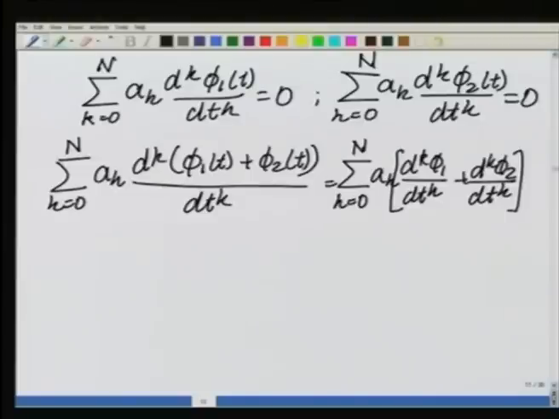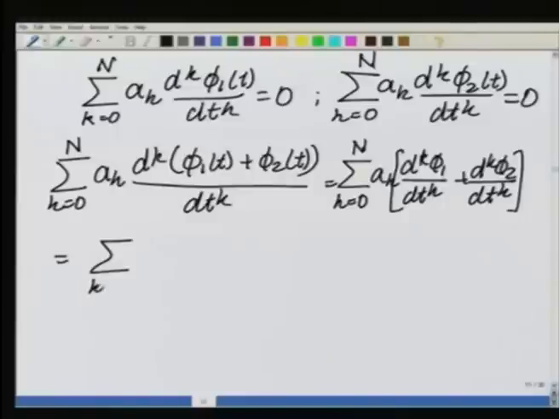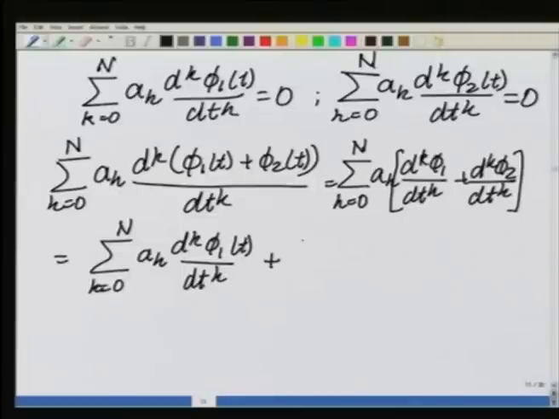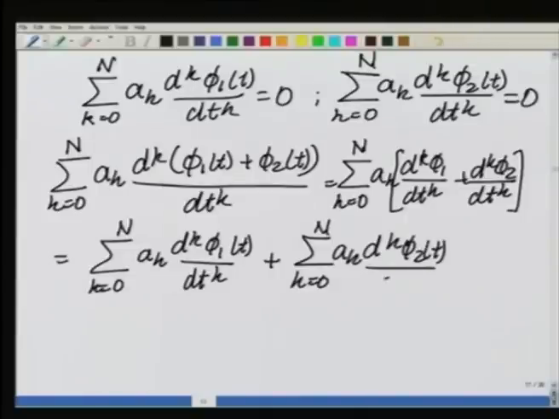So, each term has split into two terms. What we will now do in the summation is to split the entire summation into two summations. Now, we already know that phi 1 and phi 2 are solutions for the homogeneous equation.